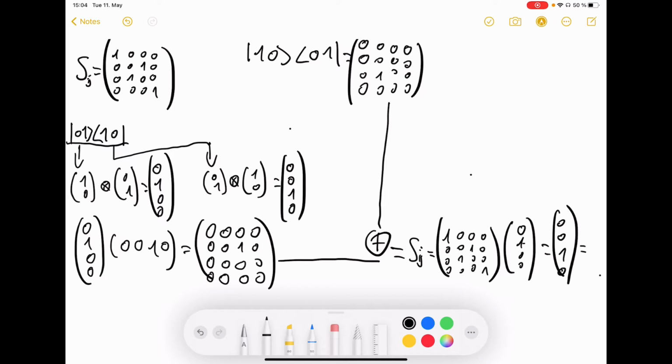Okay, and that one is the state 1, 0. So clearly you see it transformed 0, 1 to 1, 0. That's how the swap operator works and how you get to that operator.